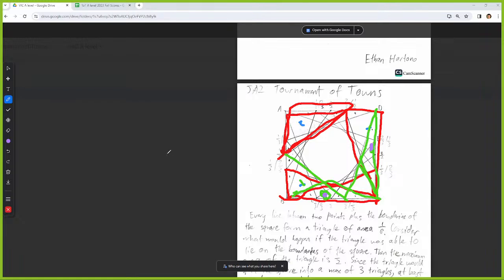Okay, so let me give you an example. So if I drew this triangle here, it's not very straight. Okay, let me just draw with a pen, it'll be better.